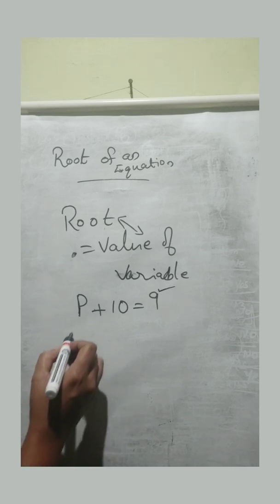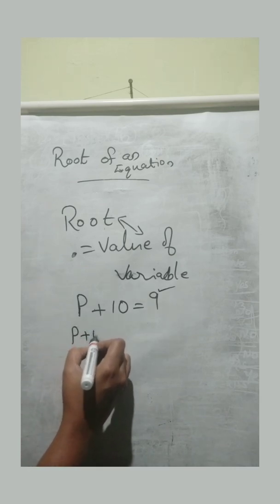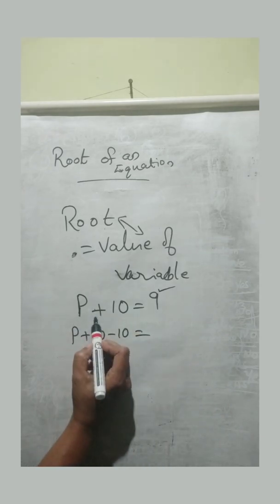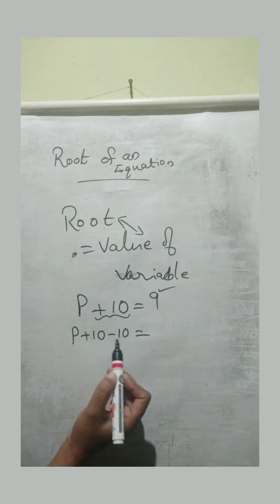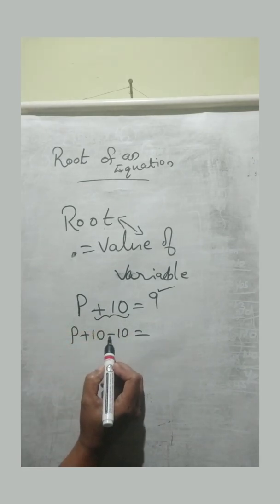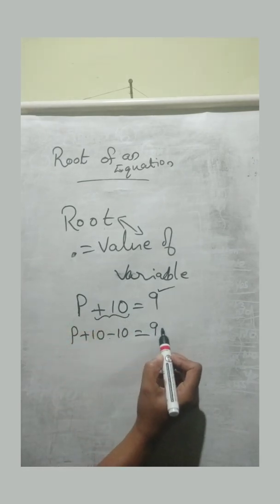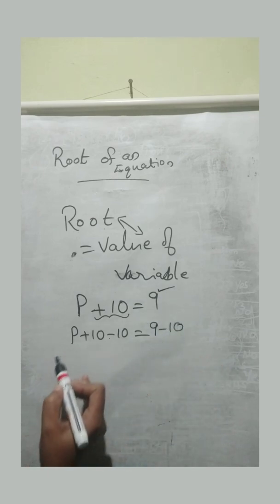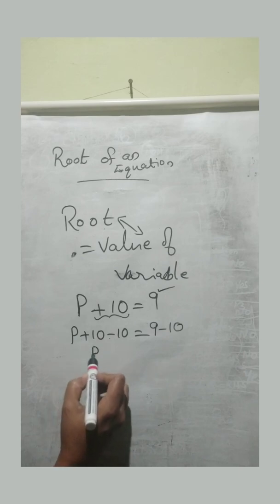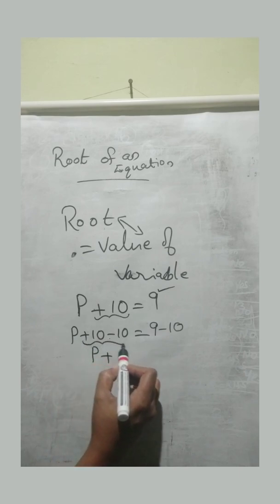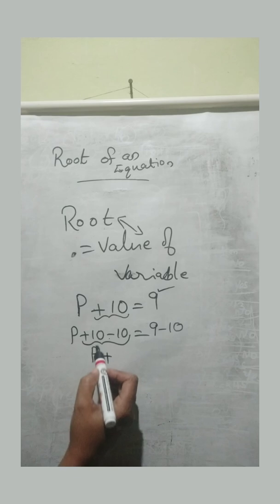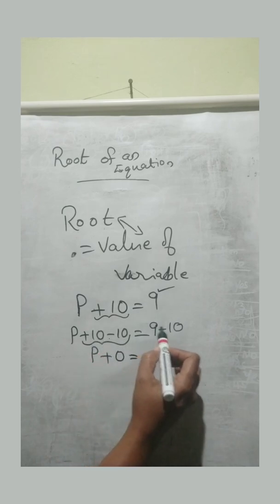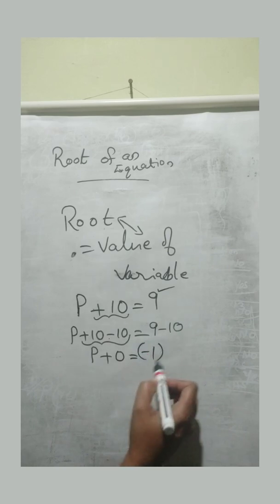So p plus 10 minus 10 is equal to... here we are balancing. Since 10 is added, we can subtract 10, and the same process we have to do in the RHS. So p plus 0, because plus 10 and minus 10 are additive inverses. Then 0 is equal to 9 minus 10, that is equal to minus 1.